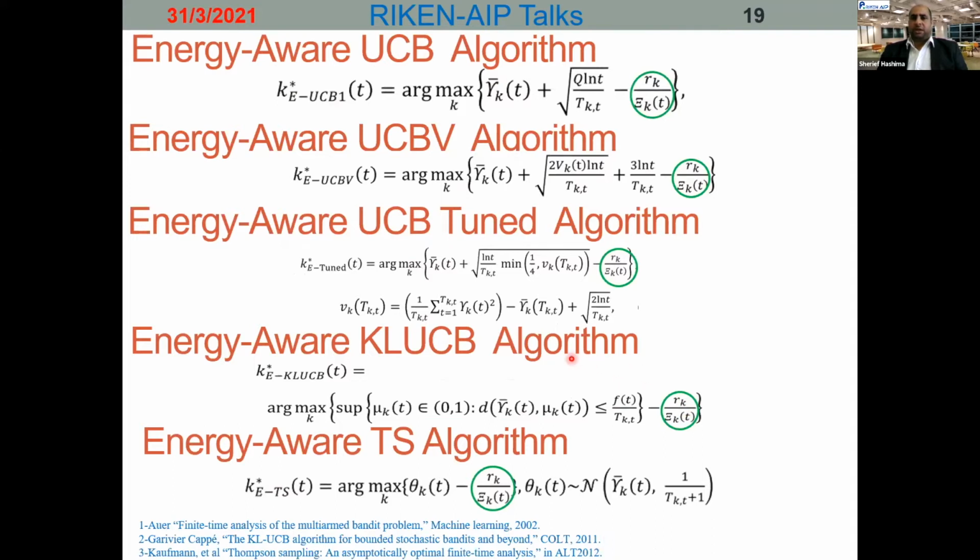Here we used a Gaussian distribution reward because of the identified Gaussian noise in our equations. So since one random variable is Gaussian, the sum of all the other random variables will be a new random variable, and it will also be Gaussian distributed. And also the energy-aware Thompson sampling algorithm by Kaufmann, we did the same for it.